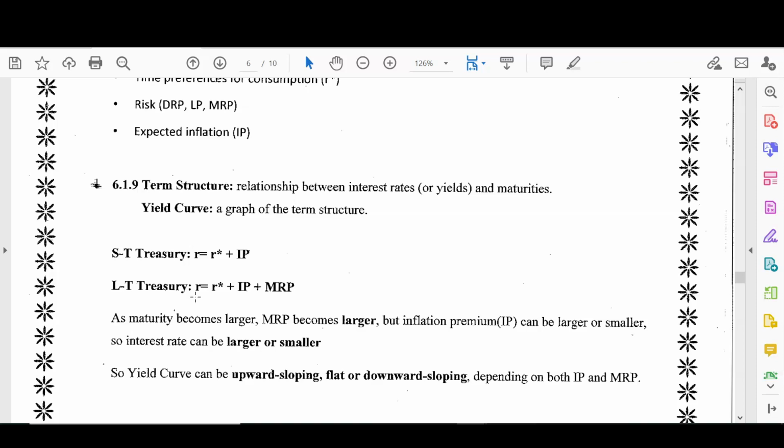So as T goes up, R can go up, down, or not change, depending on whether IP is increasing or decreasing, and if IP is decreasing, whether the degree of IP decrease can offset the increase of MRP.